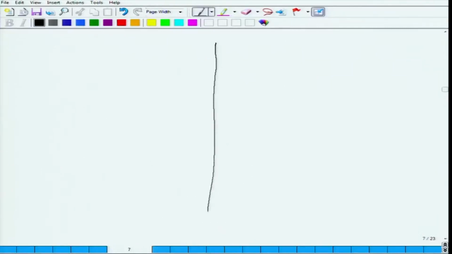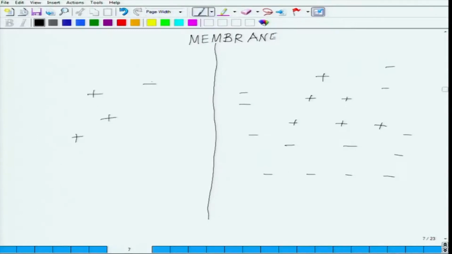That means, if this is the membrane which is separating one side from the other side, there are a lot of positive charges, likewise positive, negative, and these different positives have different natures.